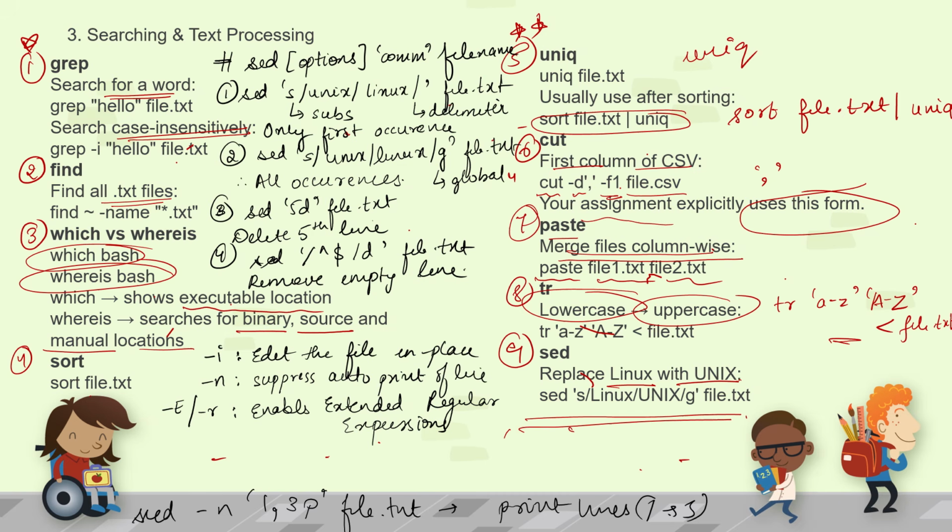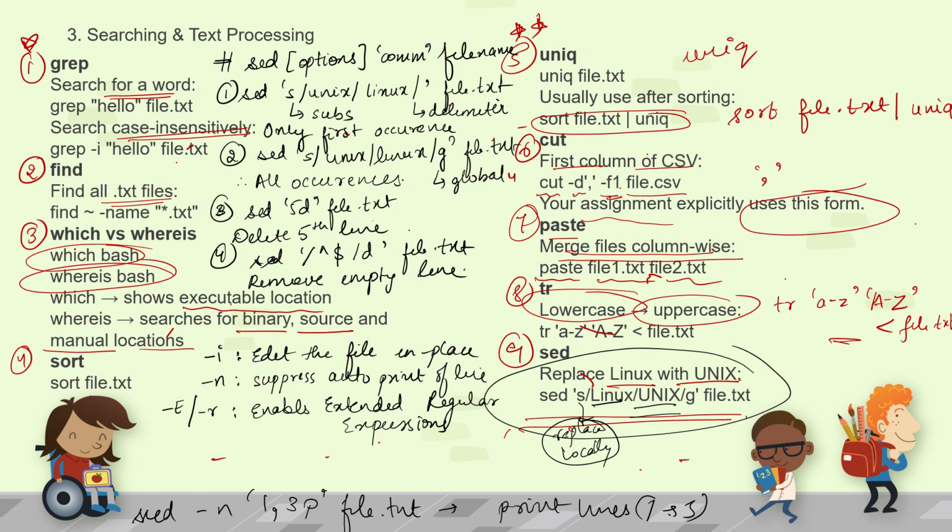Now I thought that the sed command would be unclear if I do not mention it in brief. So right now this was not enough to explain what sed really was. So basically in sed, this s shows substitution, but only the first occurrence.